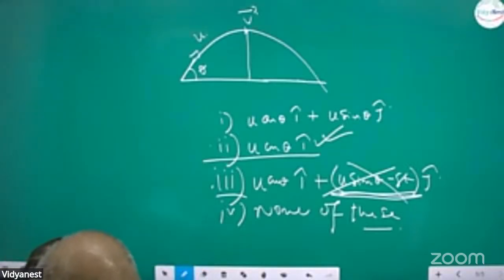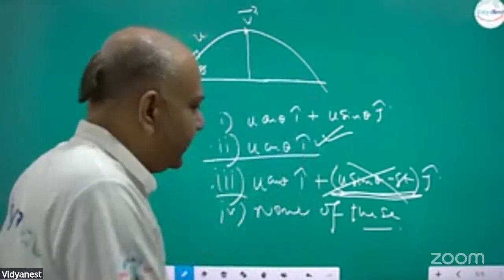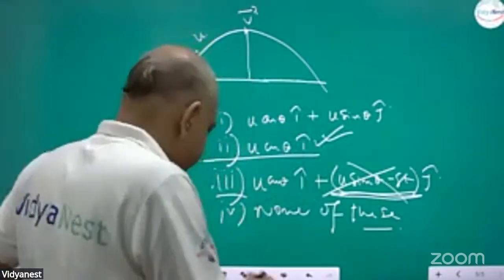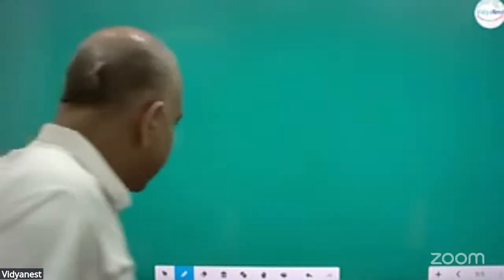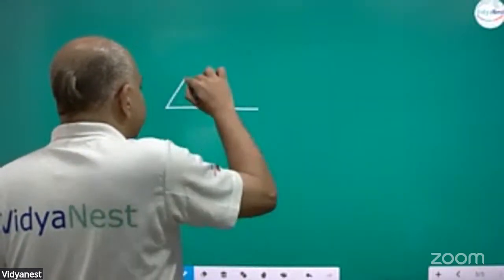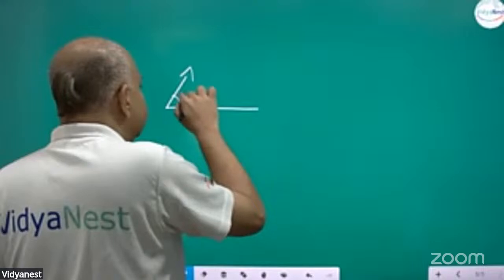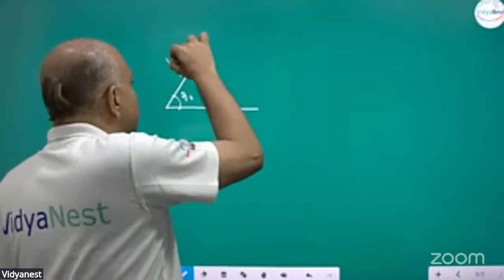Now see, can I just delete this one? Yes, sir. Now see, a boy has projected a particle with the angle theta naught with the velocity u naught.